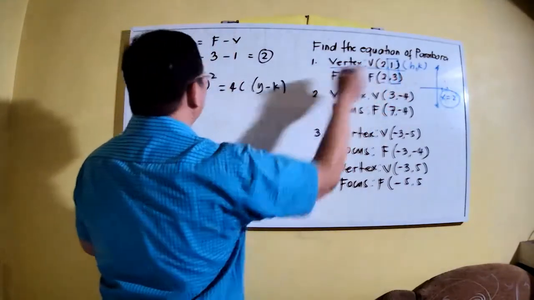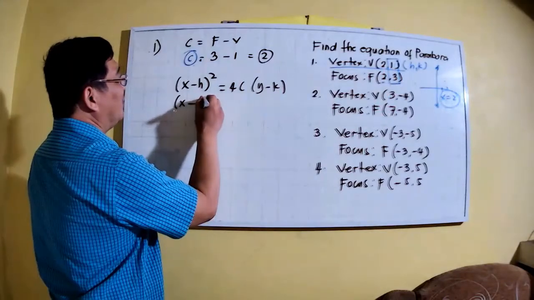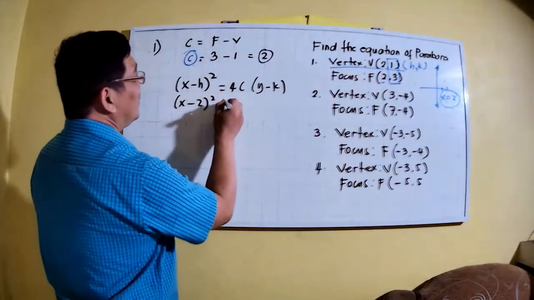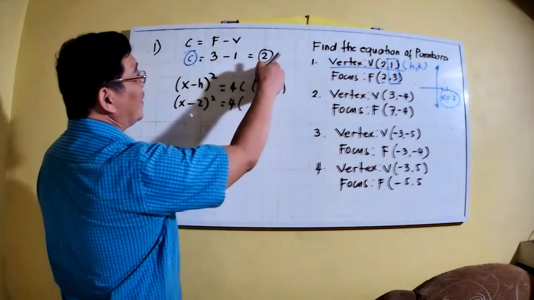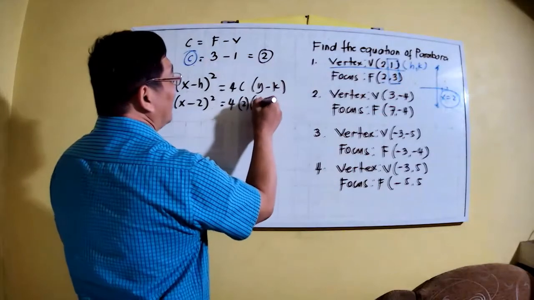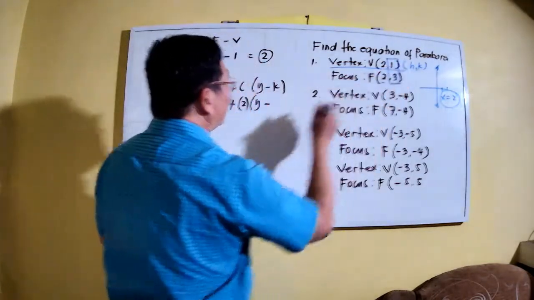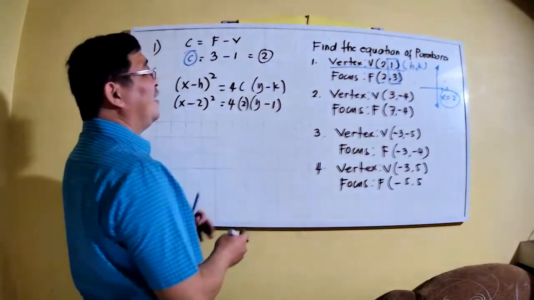If this is positive here, we are going to use negative 2 at the equation. Square is equals to 4 times positive 2 for the value of c times (y minus k), here k is 1, and then simplify.